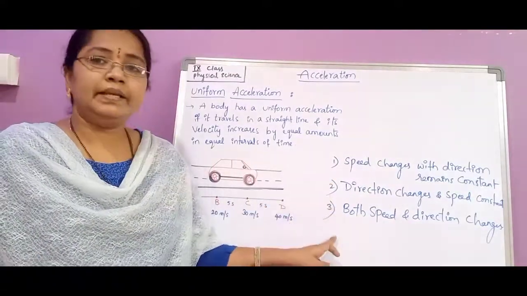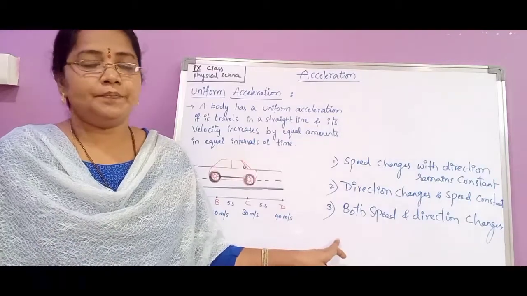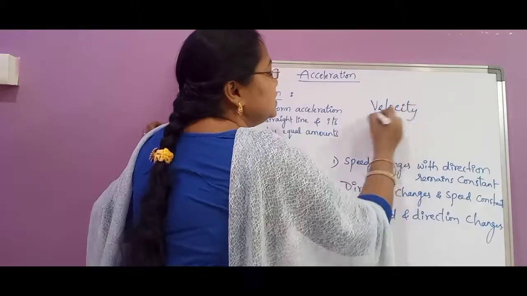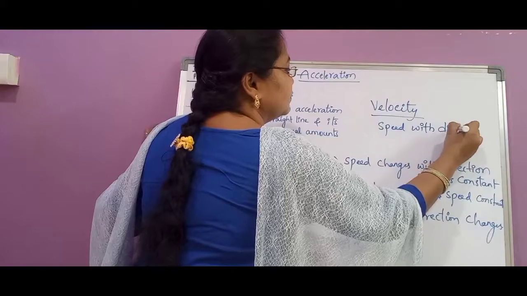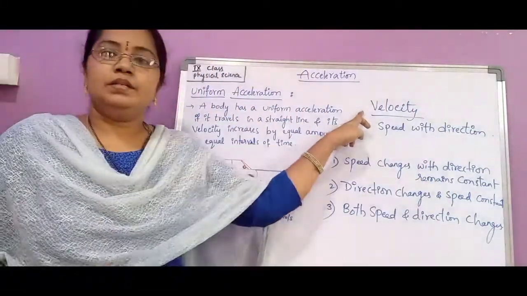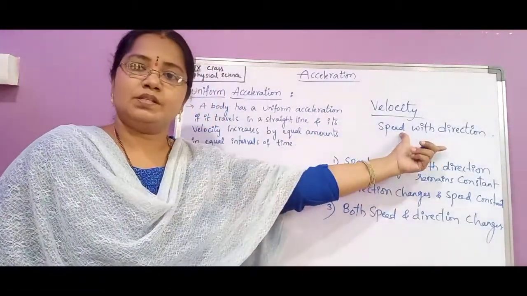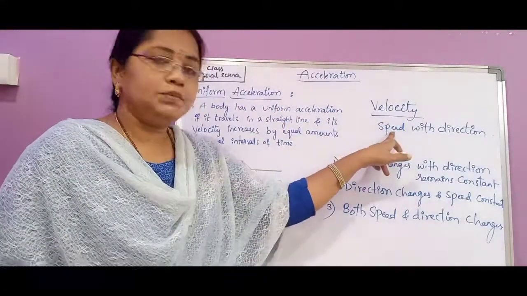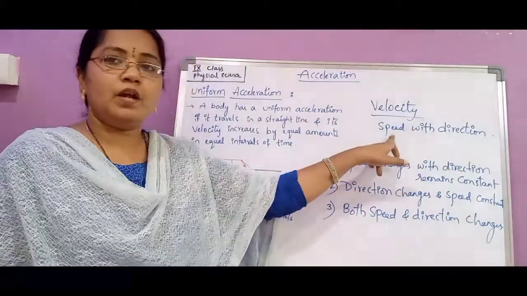In any of these three cases, the body is said to be acquiring some change in velocity. So, speed with direction is called velocity. When the speed of the object changes with the direction remaining constant, the body is having some change in velocity.